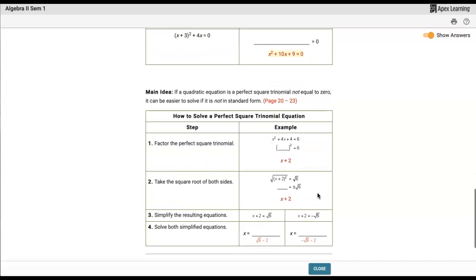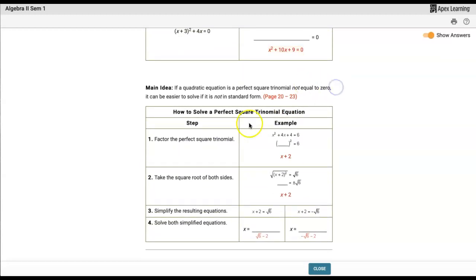All right. Okay, now this one here, if the quadratic equation is a perfect square trinomial that is not equal to 0, don't touch it. Don't put it in standard form, okay? Because what we can do here is we can factor the perfect square trinomial. So take this one here, make it x plus 2 squared is equal to 6, right?